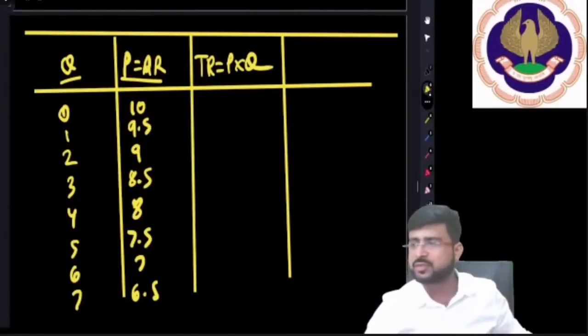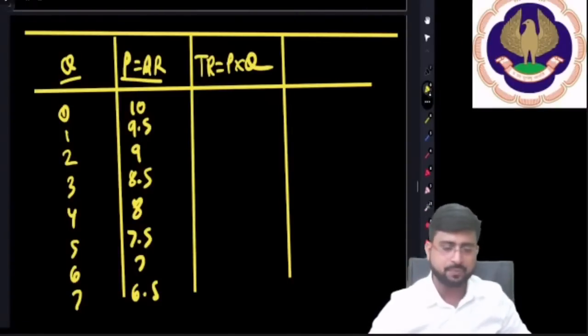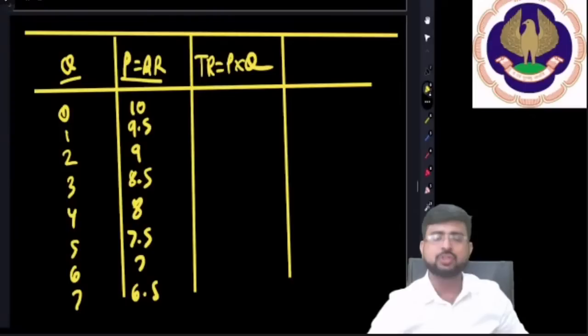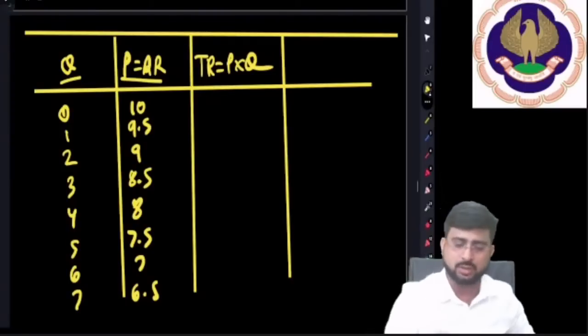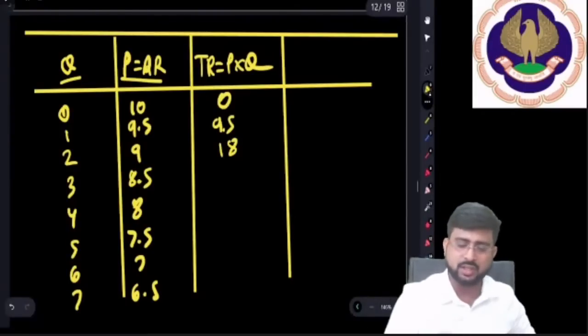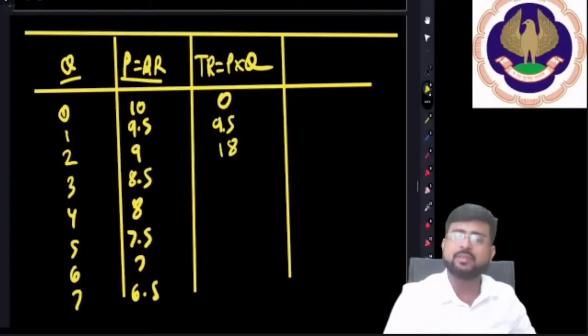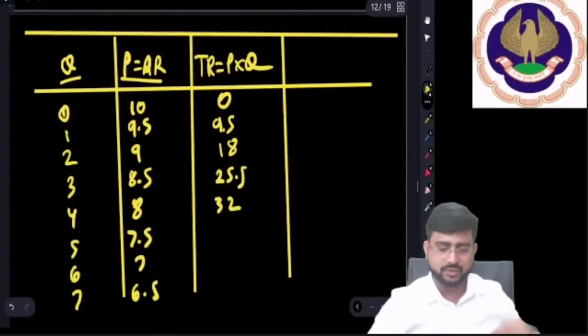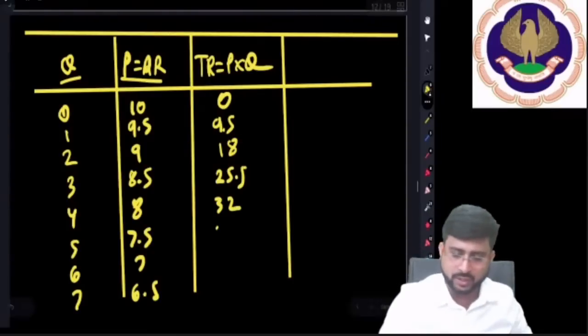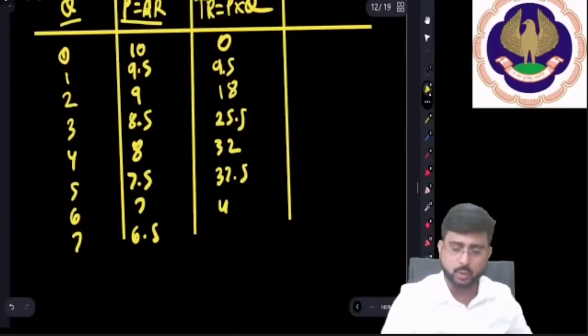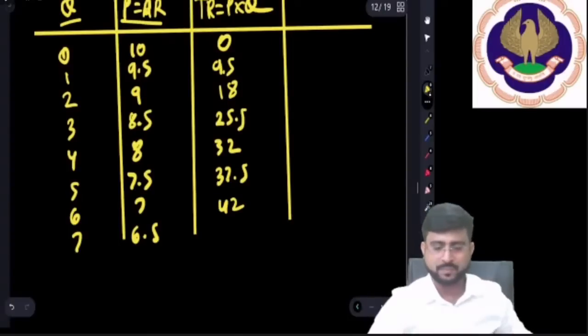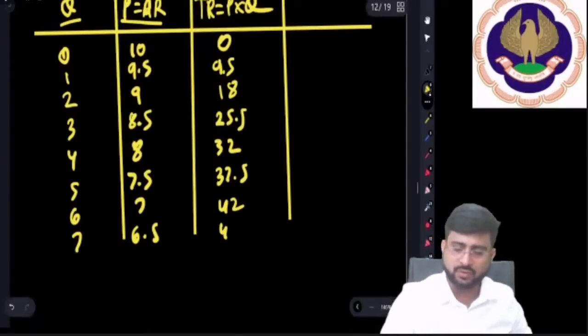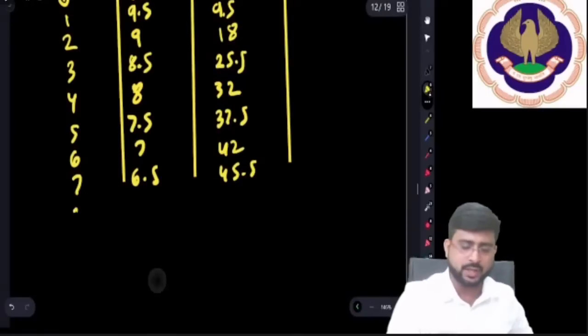So now, friends, if total revenue is price into quantity, so 0 into 10 is 0, 9.5 into 1 is 9.5, 9 into 2 is 18, 8.5 into 3 is 25.5, this is 32, okay, 7 into 5 is 35, so this is 37.5, this is 42, okay, this is 45.5, go ahead, guys.